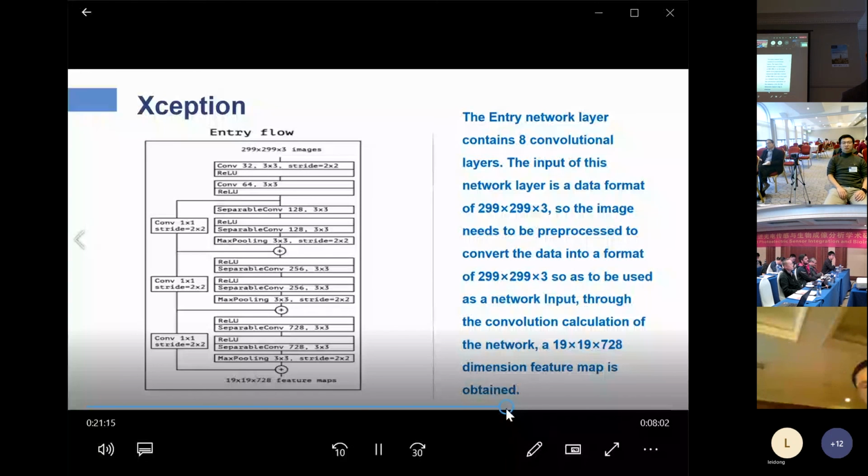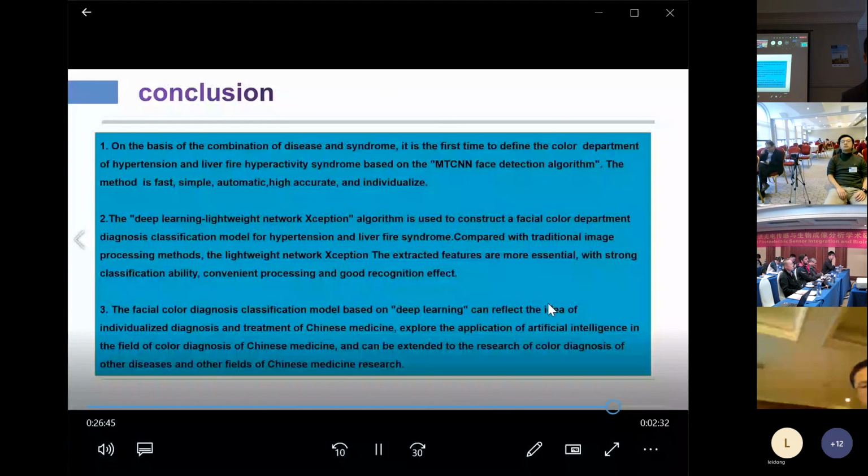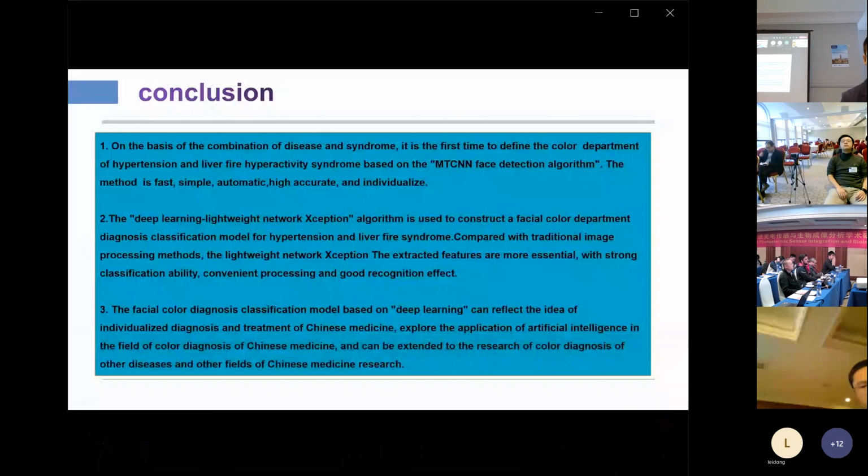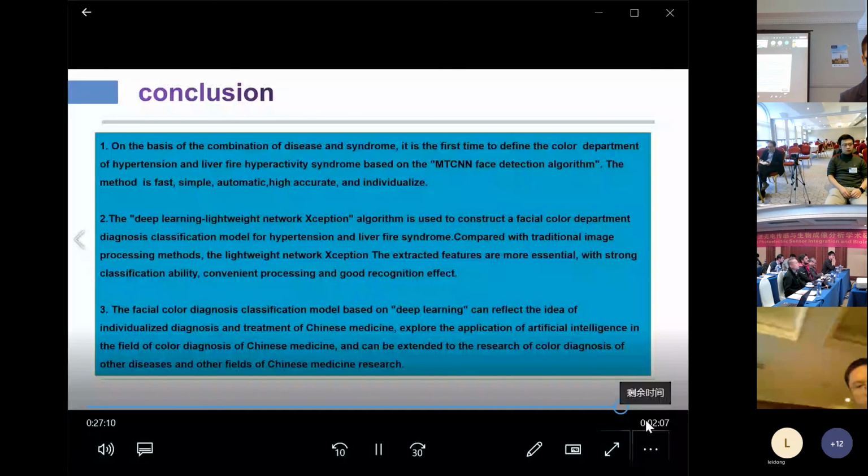And the facial color diagnosis classification model based on deep learning can reflect the idea of individualized diagnosis and treatment of TCM, explore the application of AI in the field of color diagnosis of Chinese medicine, and can be extended to the research of color diagnosis in other fields of Chinese medicine research.